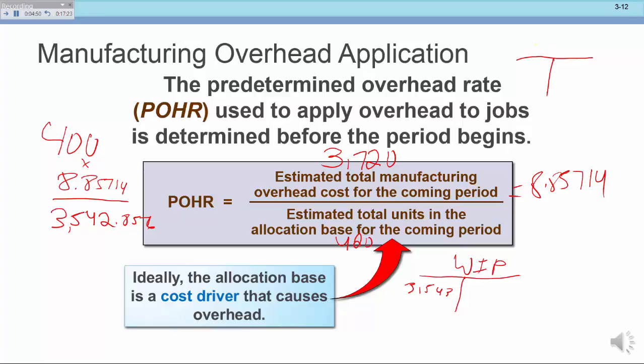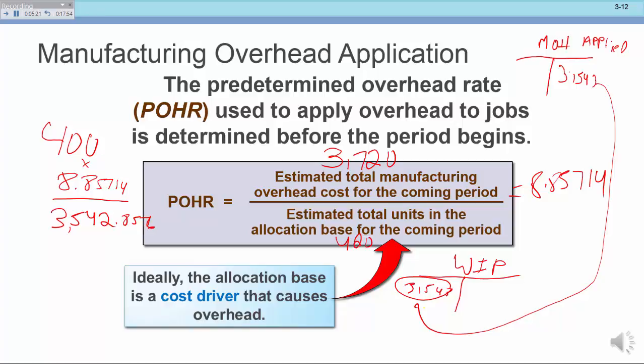We credit the manufacturing overhead applied, and applied is on the credit side, for 3,543. There's the debit to work in progress because we have to apply it to the jobs, don't we? We don't trace it directly to the jobs. We apply it using the predetermined manufacturing overhead, right? Which we came up with using the high-low method, right?